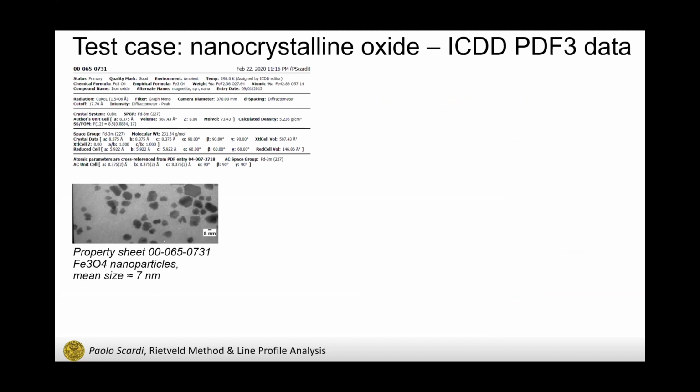It comes from the ICDD database, the so-called PDF3, which is a subset of the PDF4, which reports experimental patterns together with crystallographic information. So that means I have the data, in this case, for these iron oxide nanocrystals, and even a property sheet which gives some TEM picture and tells us that the mean size has been measured, let's say, around 7 nanometers.